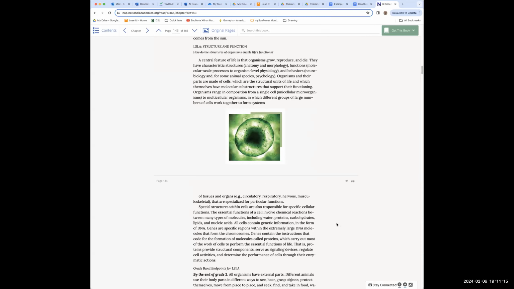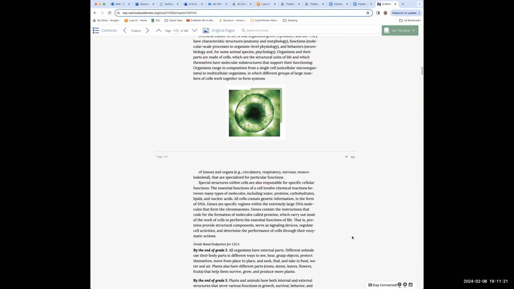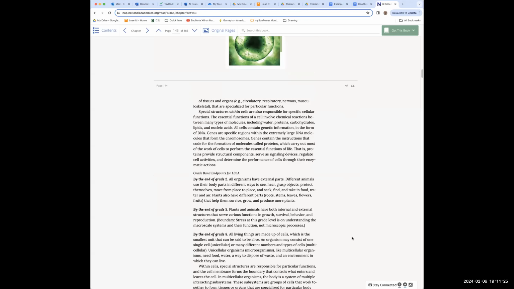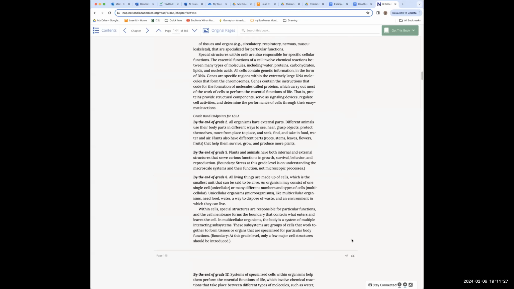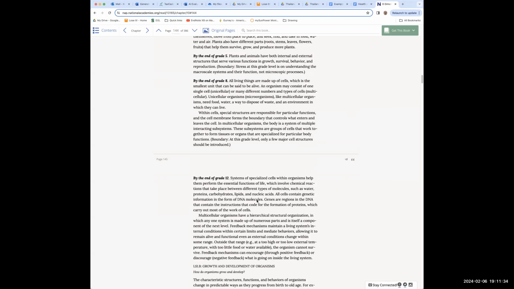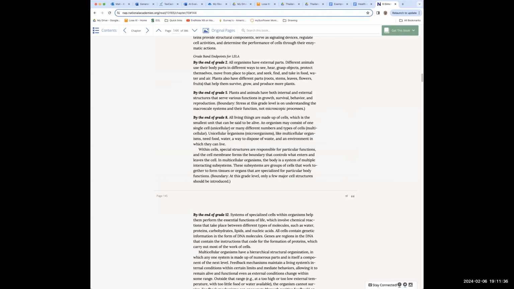You can look at what they are saying for structure and function, and it even shows you by grade band. If you're focusing on elementary, it tells you by the end of grade 2, by the end of grade 5, and for middle school, by the end of grade 8. So it gives you an idea of where students should be coming in with knowledge and where they should be in middle school.